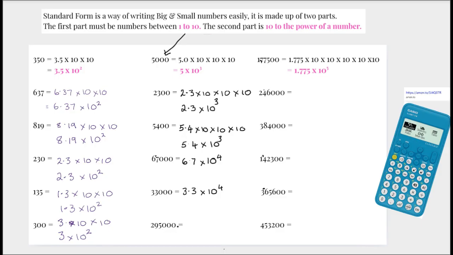So we go 1, 2, 3, 4, 5. 2.9 meets our criteria. It's just got an extra number, so write what you see, anything if it's a number, not a 0: 2.95 times 10 to the power of 4, because it's still exactly the same.